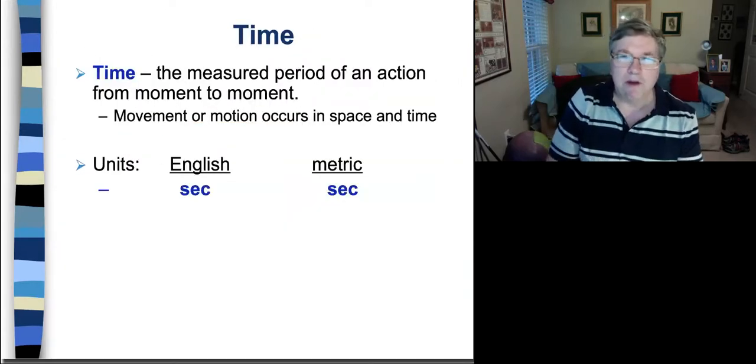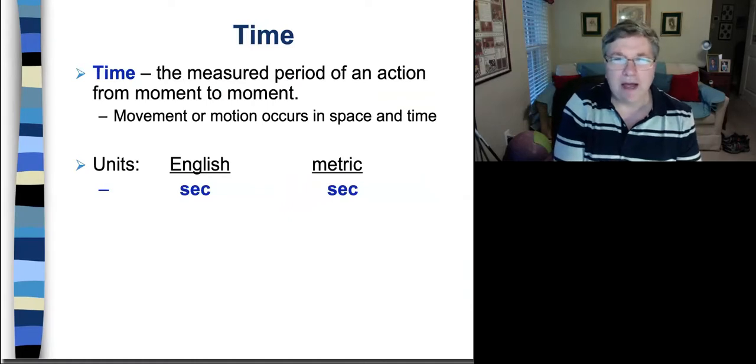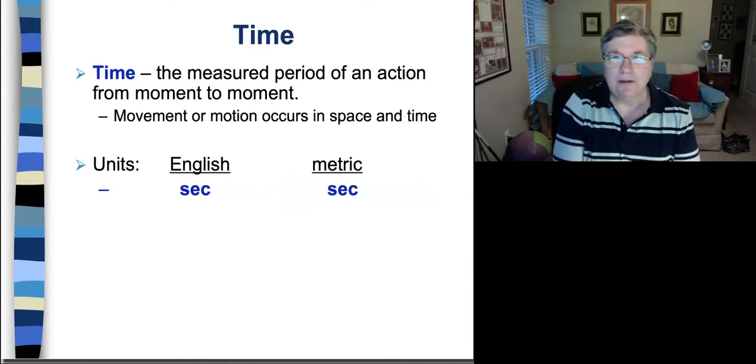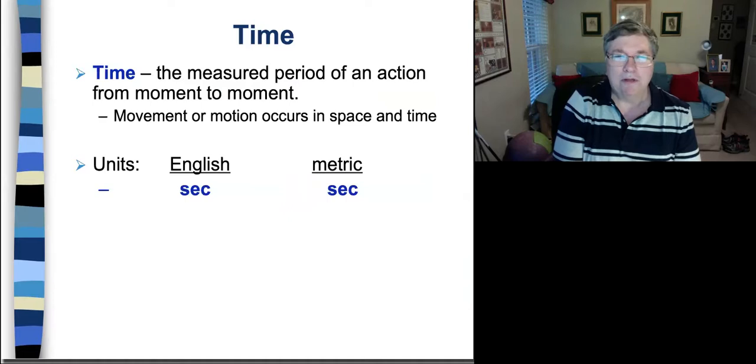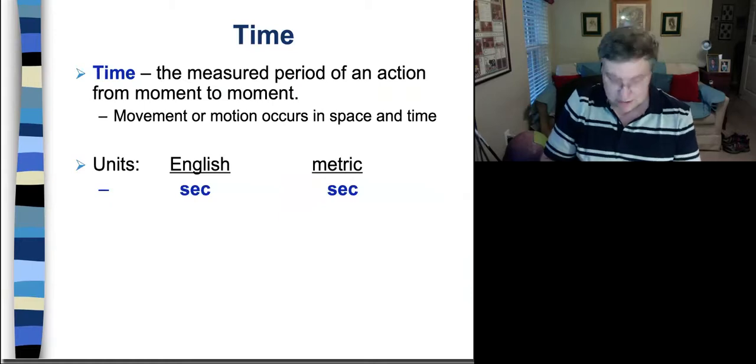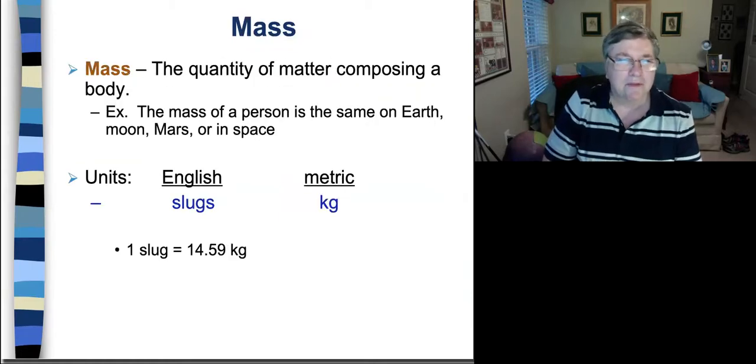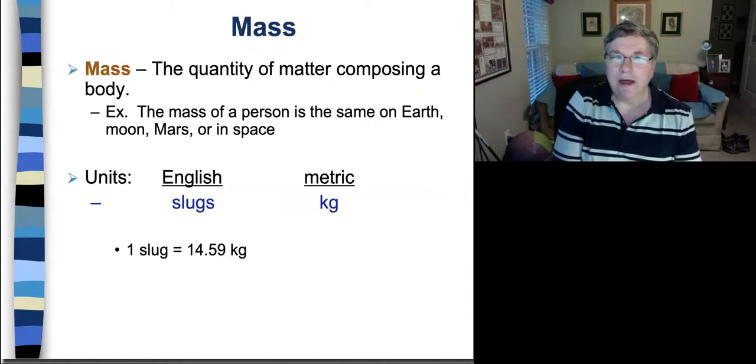Okay, the next variable is time. Time's a measurement from one moment to another. The standard units for time are seconds in the metric and in the English system. Doesn't really matter. Mass is a quantity of matter composing an object or a body.